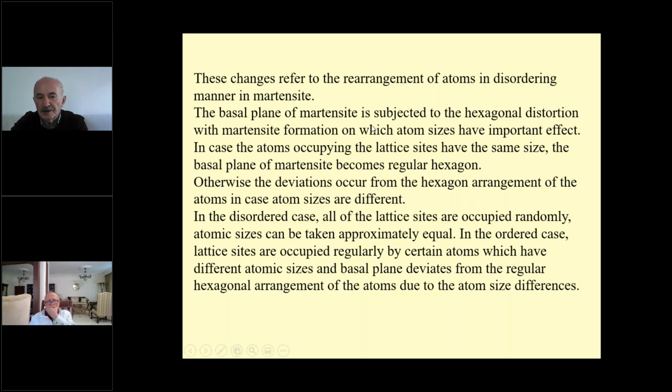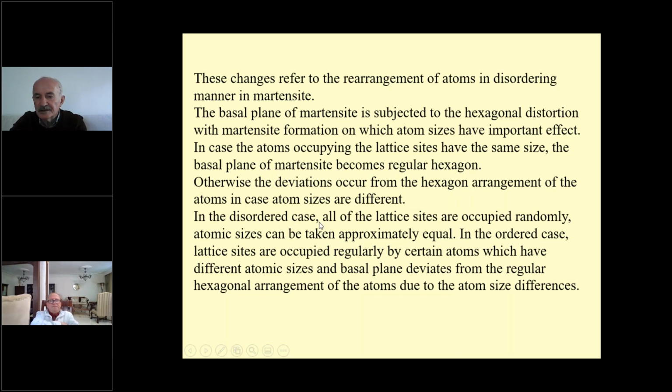The basal plane of martensite is subjected to hexagonal deviation with martensitic formation, on which atom size has an important effect. In case the atoms occupying lattice sites have the same size, the basal plane of martensite becomes a regular hexagon. Otherwise, deviations occur from the hexagonal arrangement of atoms if atom sizes are different.